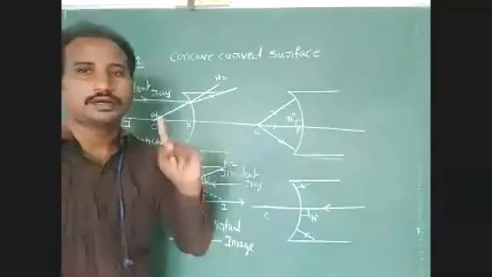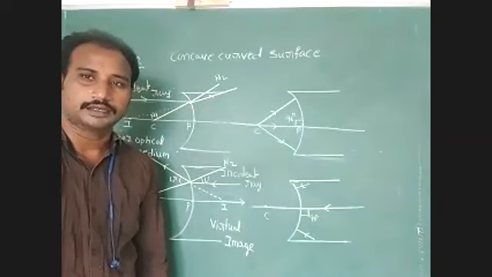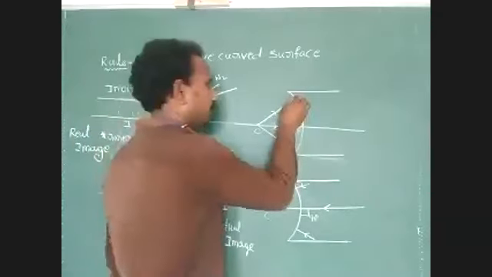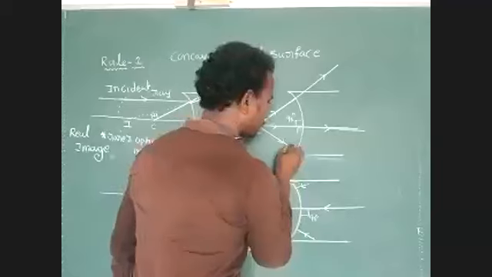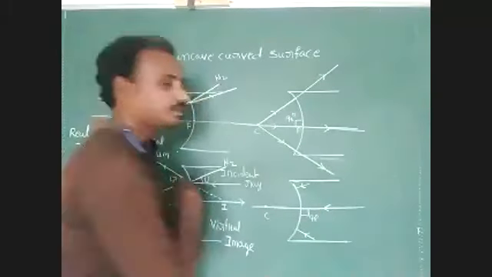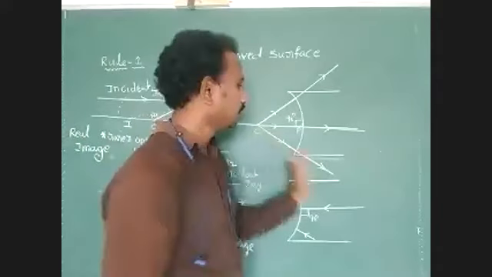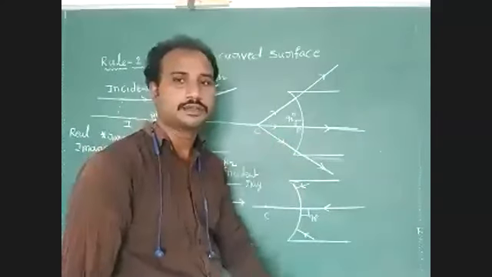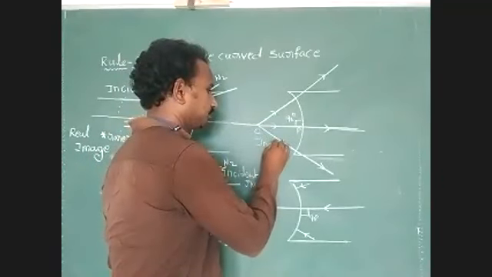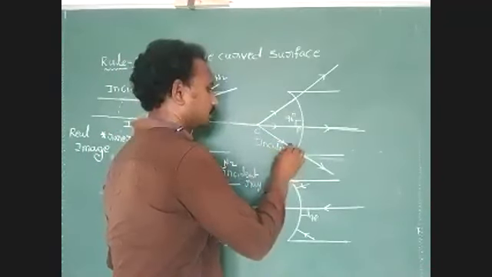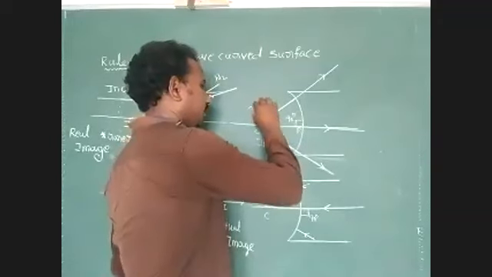Then the refracted ray cannot deviate from the actual path of the incident ray. This represents the incident ray.